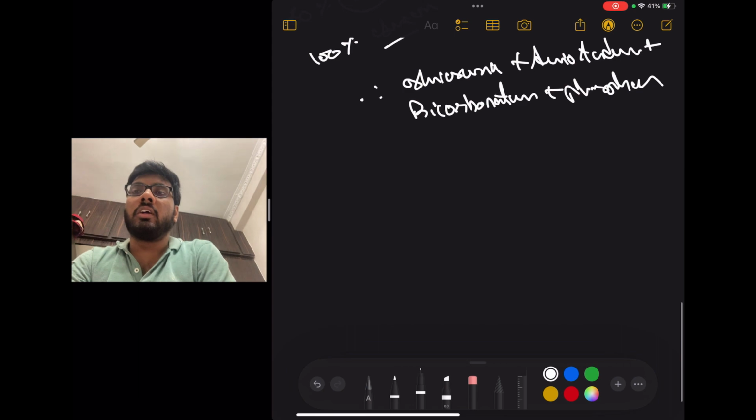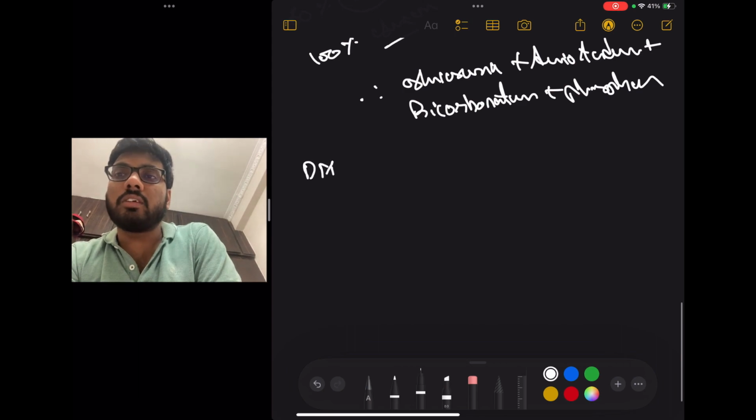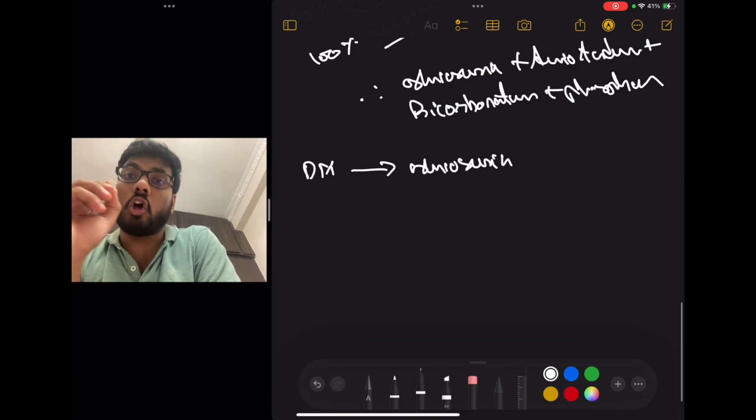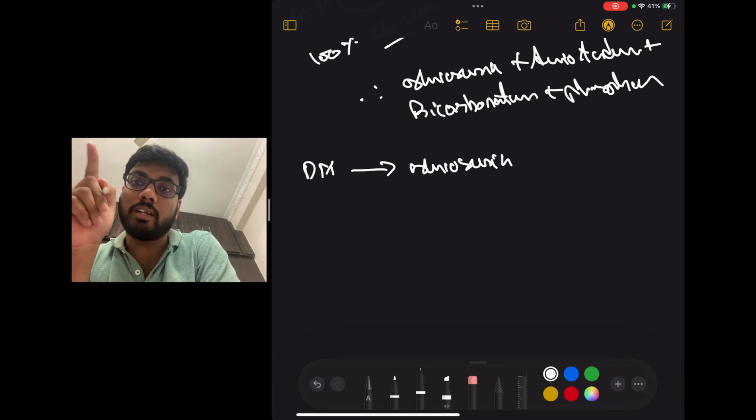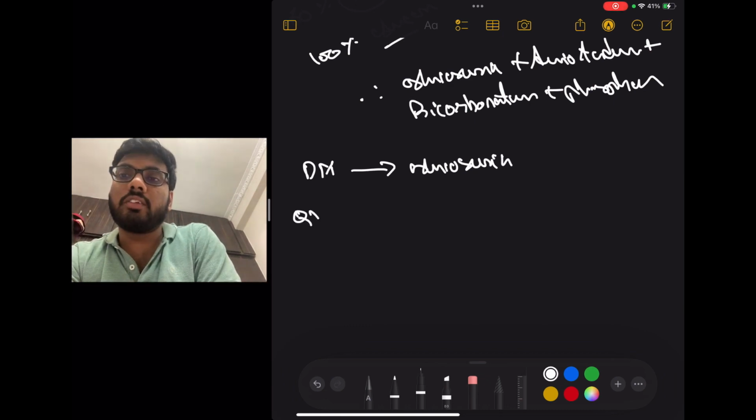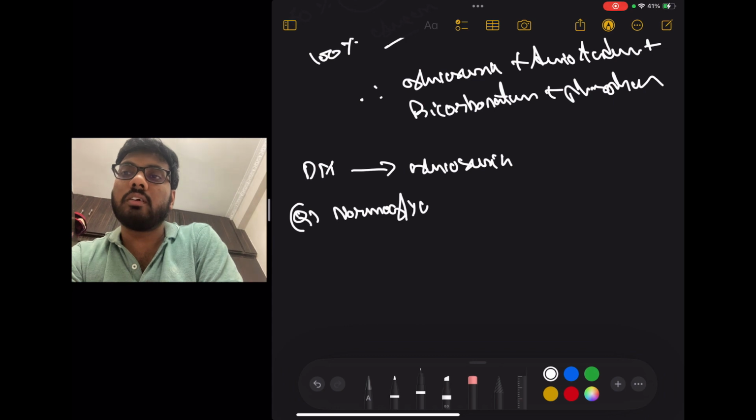So my question is, normally the diabetes mellitus patient will have glucosuria. Suppose the patient is non-diabetic and having glucosuria, what do you suspect? Proximal RTA. This is an entrance question: where do you get normoglycemic glucosuria?